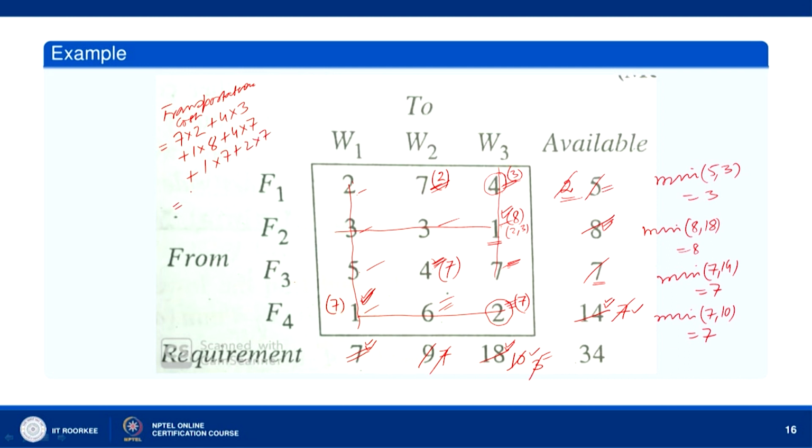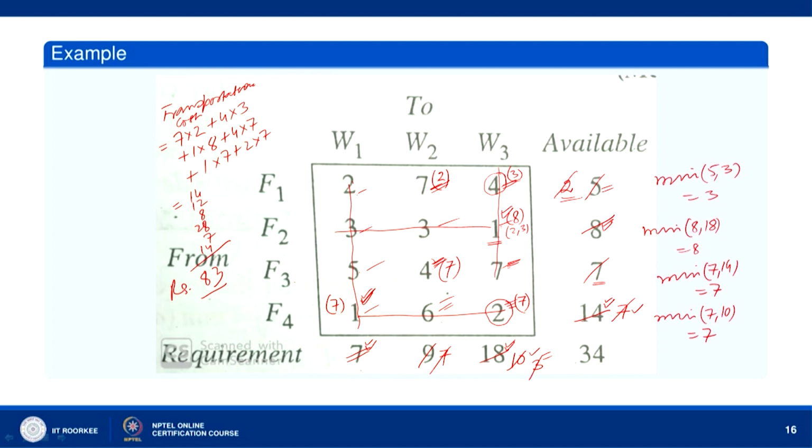So, this is 14 plus 12 plus 8 plus 28 plus 7 plus 14. This is 83. So, we get the transportation cost to be rupees 83.